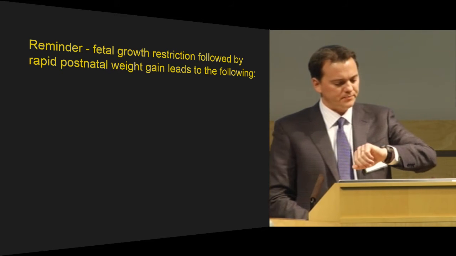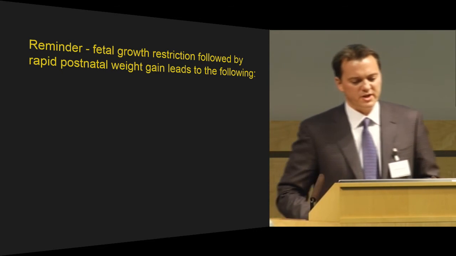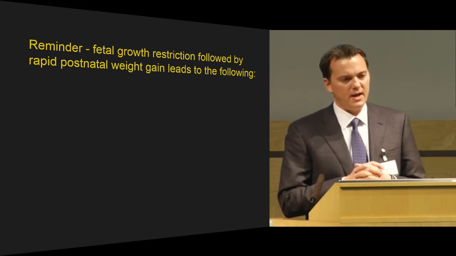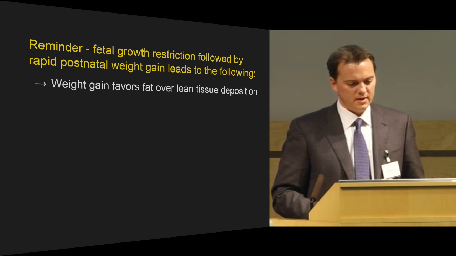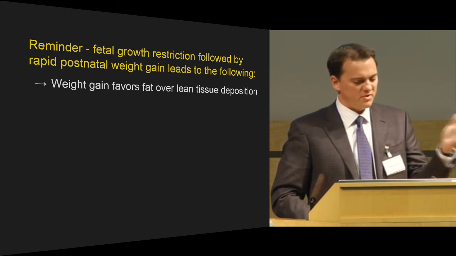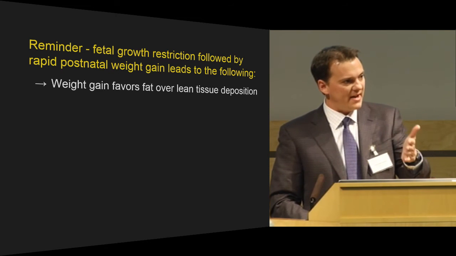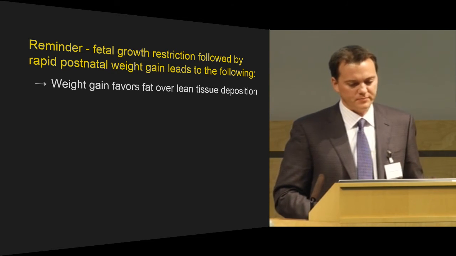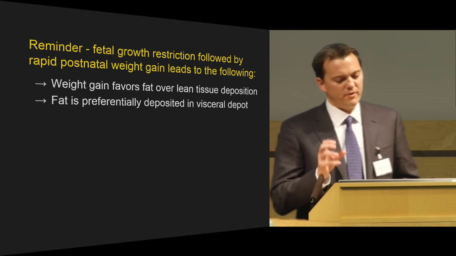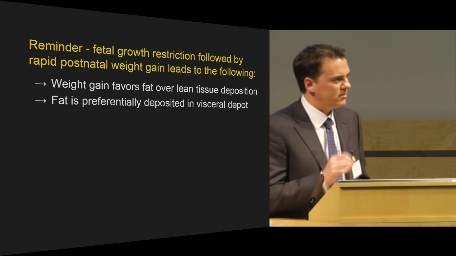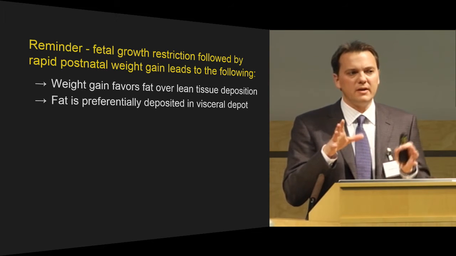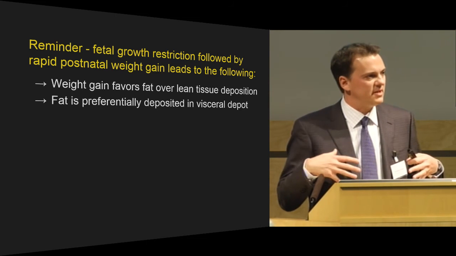As a reminder, fetal growth restriction followed by rapid postnatal weight gain leads to the following. Weight gain favors fat over lean, so you end up gaining more fat. That fat is preferentially deposited in the visceral depot. And that's important because the visceral depot is different from other depots in the body.